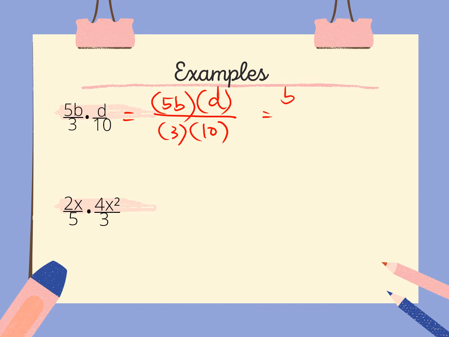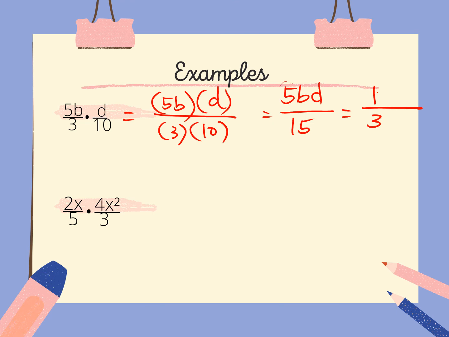So we have 5bd over 15. This is not yet the final answer, because 5 over 15 can still be reduced to 1/3, since 5 and 15 are both divisible by 5.